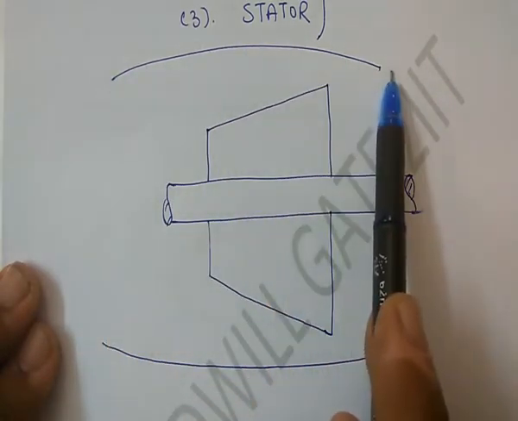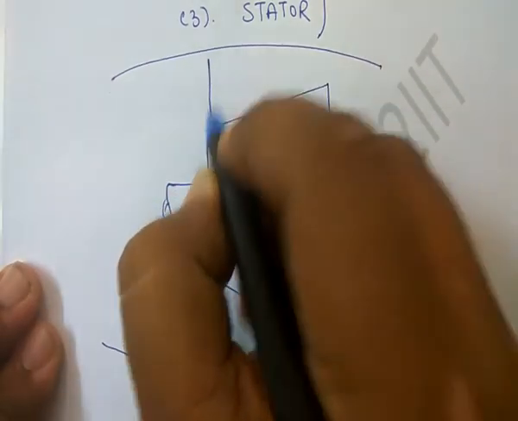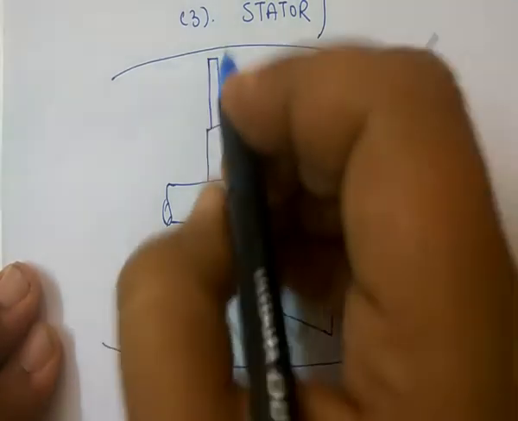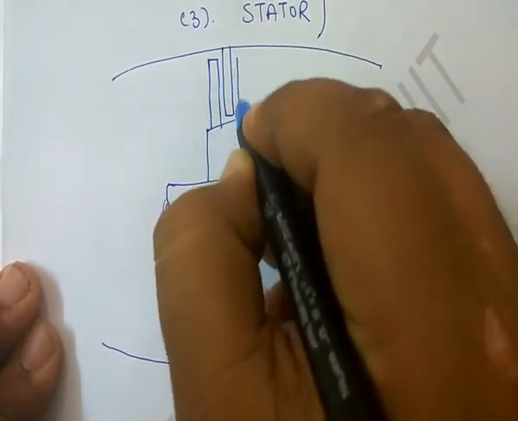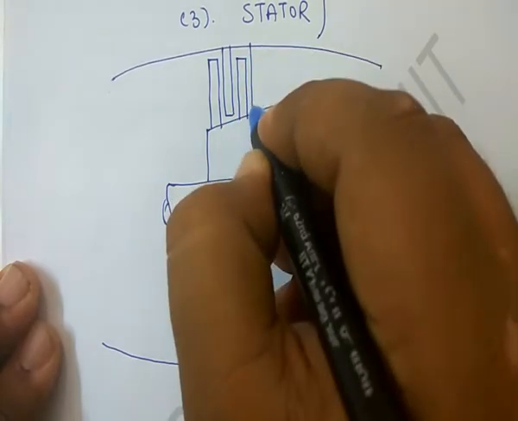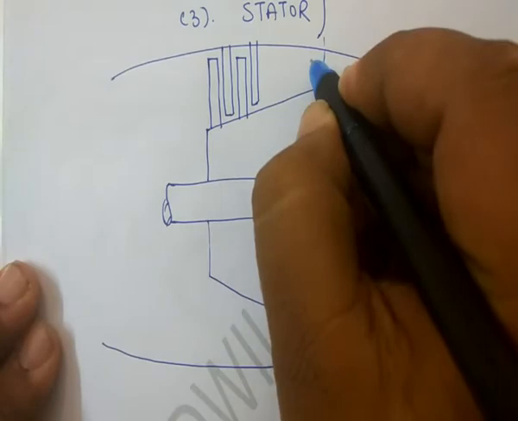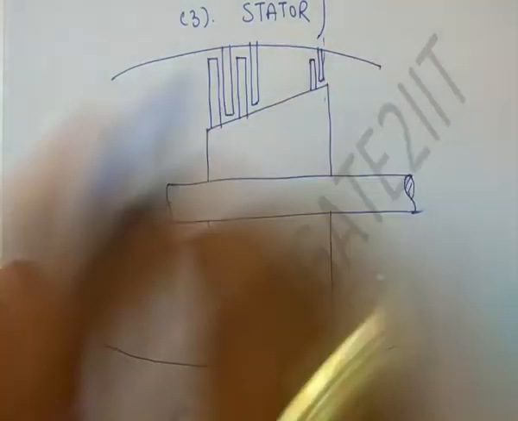Alright, so let's install the first blade. The first blades installed are the rotor blades. The next blades installed are the stator blades, and then the rotor blades, and then the stator blades, and this goes on till this point. Similarly, you have one rotor blade and one stator blade here.